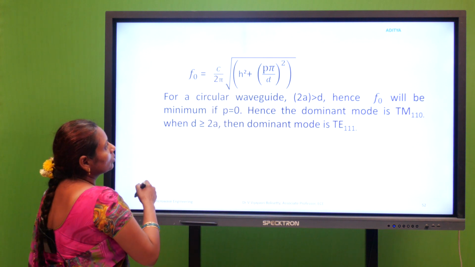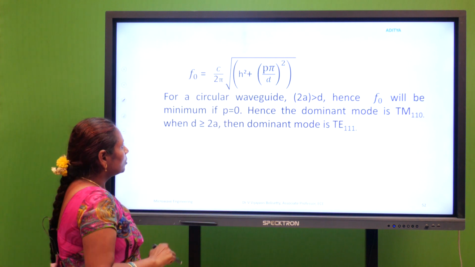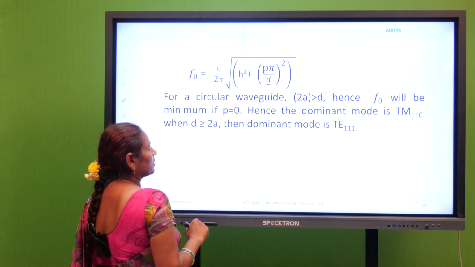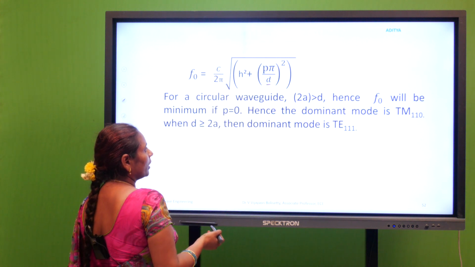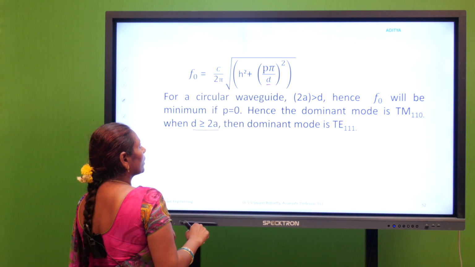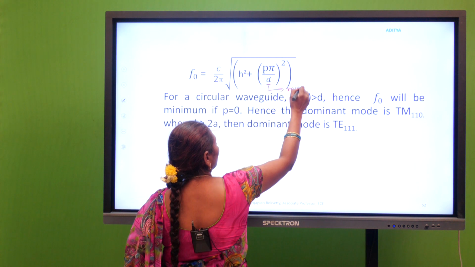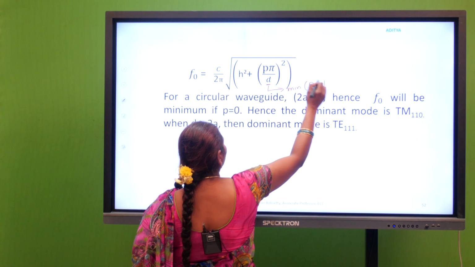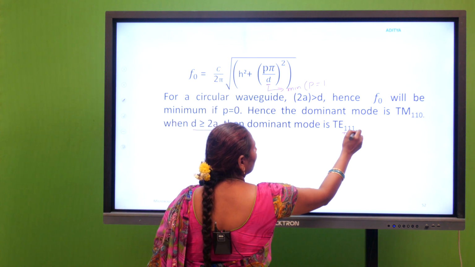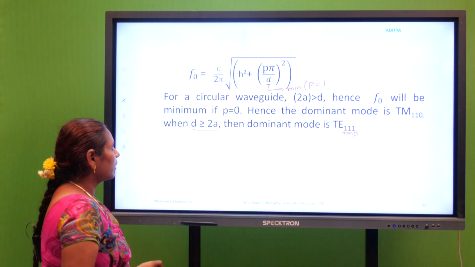When D is large, that is the case when D is greater than 2a, it is giving the minimum value, and while it is giving the minimum value, you can take P is equal to 1. So, in NMP, this P can be equal to 1.